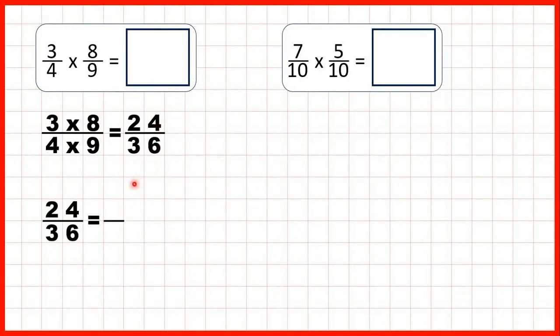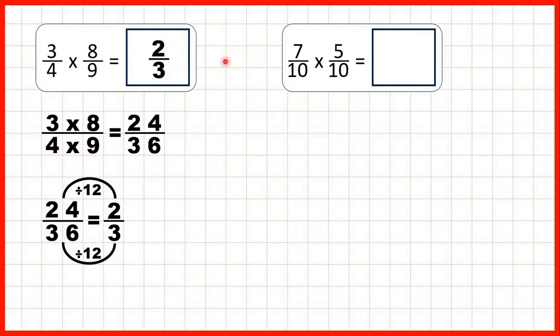So, to express the fraction in its lowest terms, we can divide both the numerator and the denominator by 12. 24 divided by 12 is 2, and 36 divided by 12 is 3. So our answer, in its simplified form, or in its lowest terms, is 2/3.